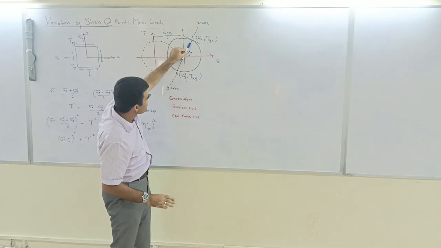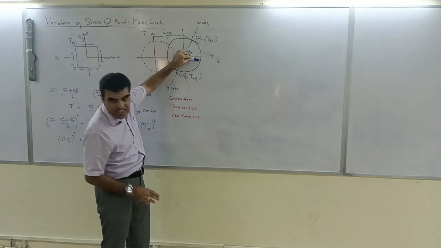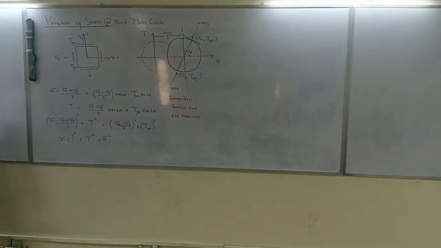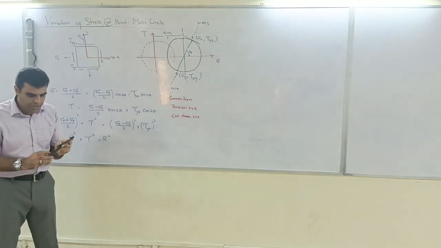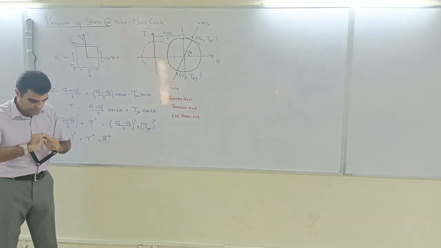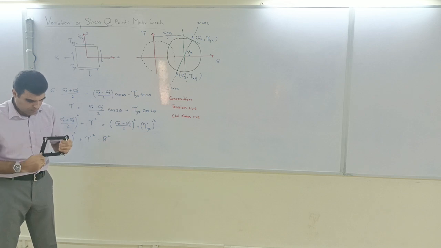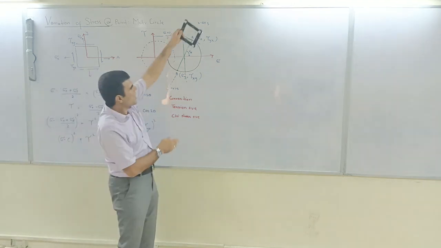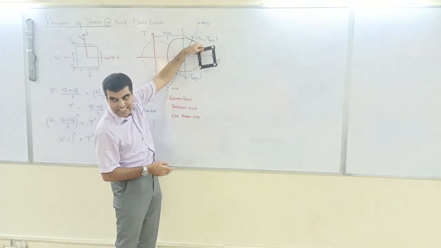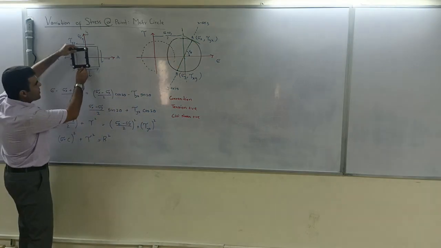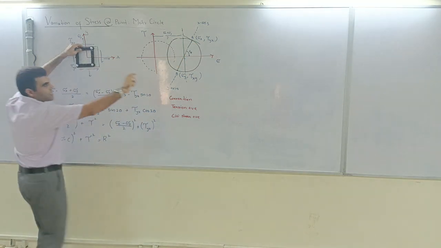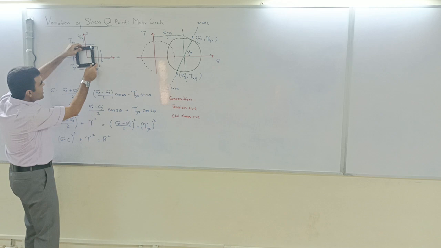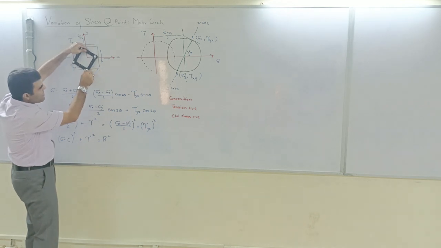So by what angle is this principal axis? Let us see by how much you should rotate this. You have this one and it is rotated clockwise by 2 theta. That means you have to rotate the element by theta clockwise.